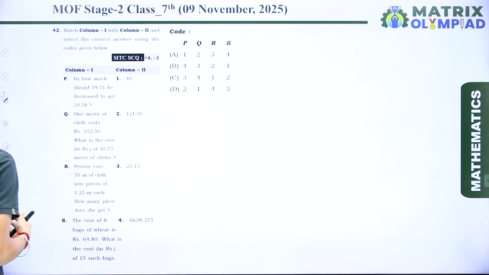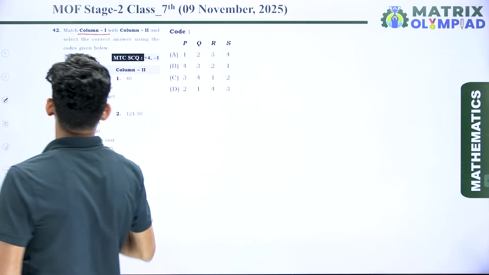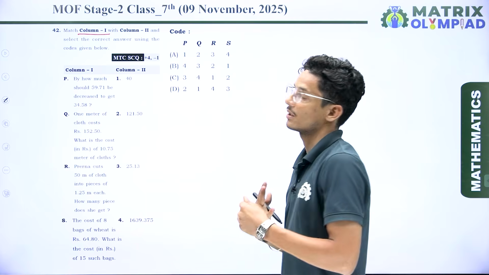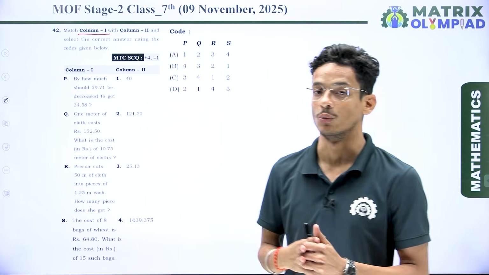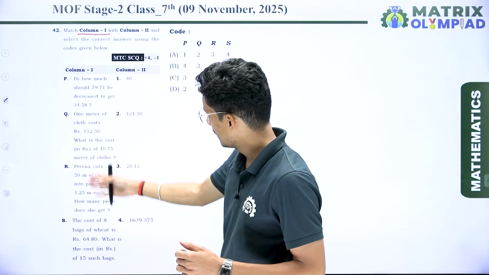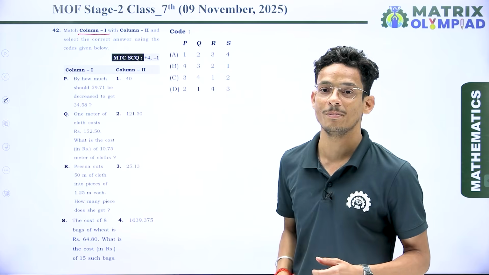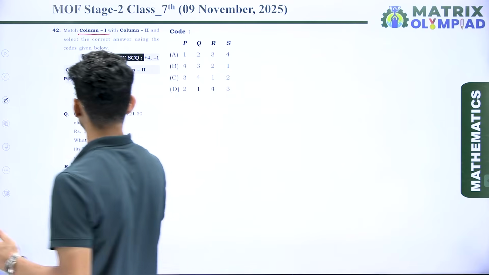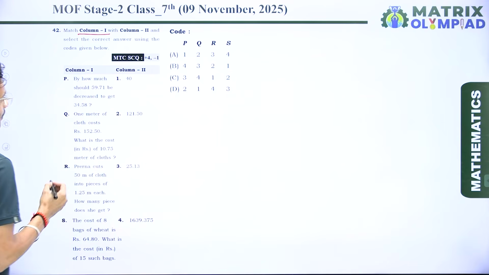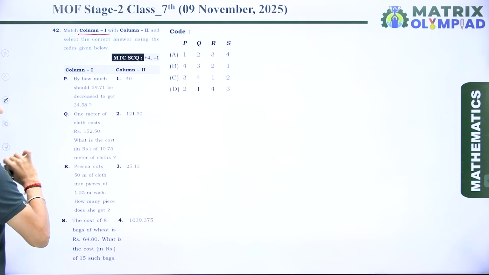So now if I talk about the next question, which is based on match column 1 and column 2, and select the correct answer using the code given below. So here we have column 1 and here we have column 2. So in column 1, P, here we have by how much should 59.71 be decreased to get 34.58.